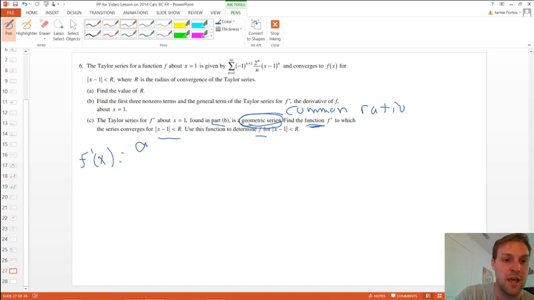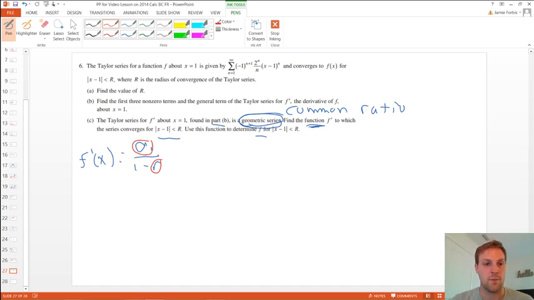It's simply a sub 1 over 1 minus my ratio. That is a function that represents an infinite geometric series that converges. So all I need is this value and this value.